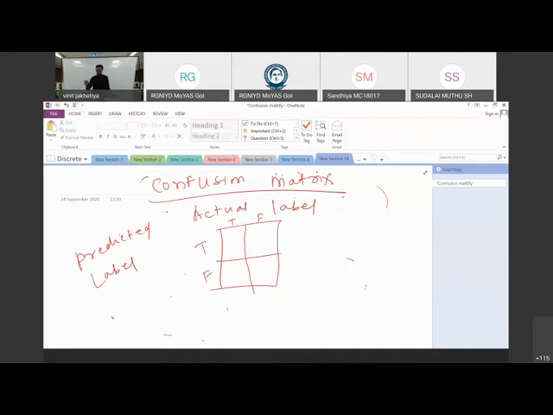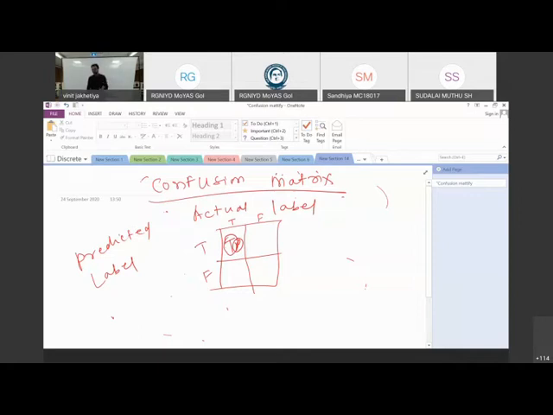Okay. So let's say the actual label was true and your model is able to predict it as true. That means true positive. The second word here is the predicted label. Positive means true. This first word defines whether the predicted label is right or wrong.